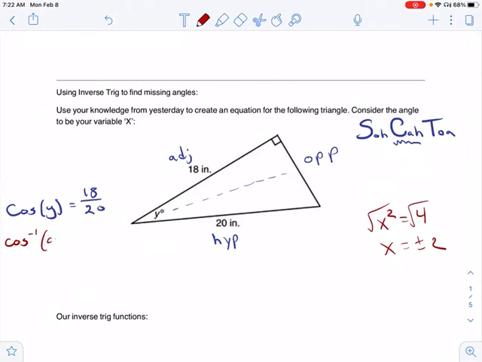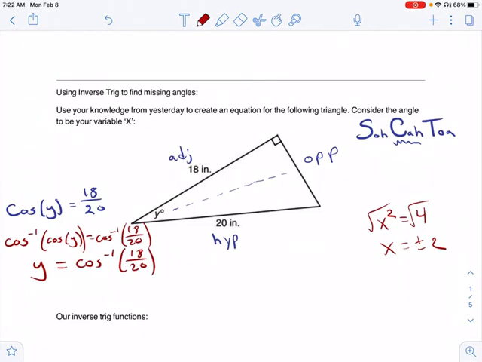So I'm going to apply the inverse cosine to both sides. And when I take the inverse cosine of y, I'm just left with y. And on my right-hand side, I have this inverse cosine of 18 over 20.